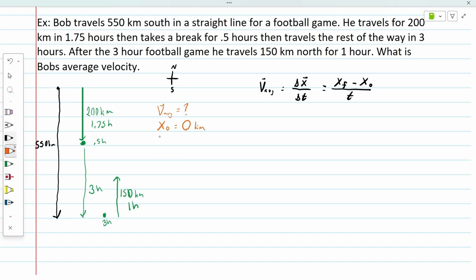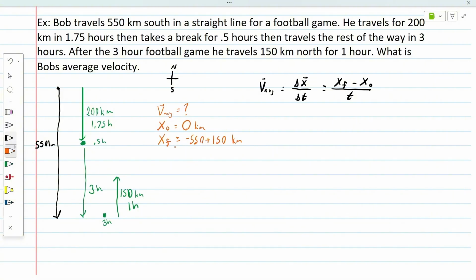So now we know we need our x final. So do we have our x final, right? And we do have our x final, because we know that he travels 550 south first, and then he comes back up another 150. So his final position will be minus 550 if we denote south as negative, as we typically will, plus the 150, and that'll all be kilometers.